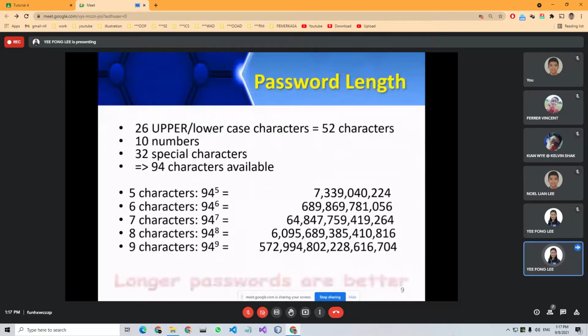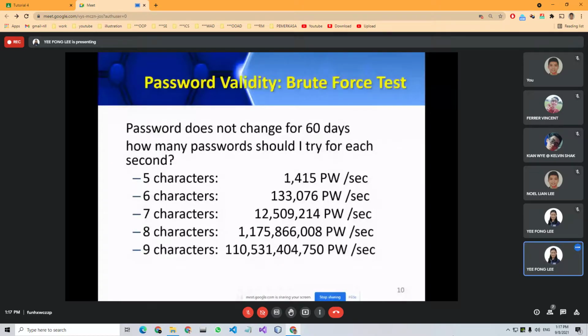So people trying trial and error, brute force, and if we don't change the password for 60 days, the time required for them to find our password gets less and less. Somehow, if the secret is changed, there are fewer chances for the password to be found out.